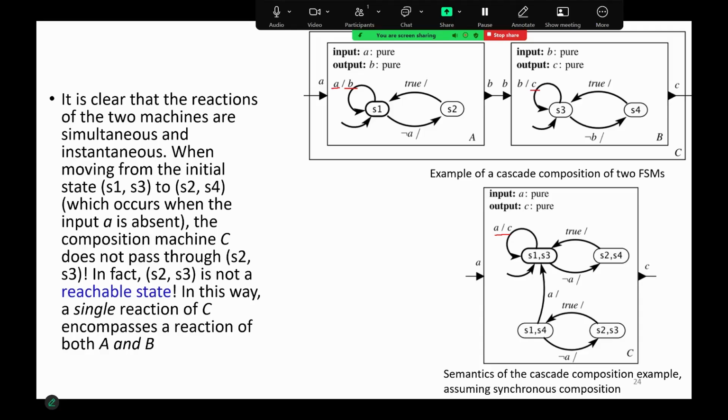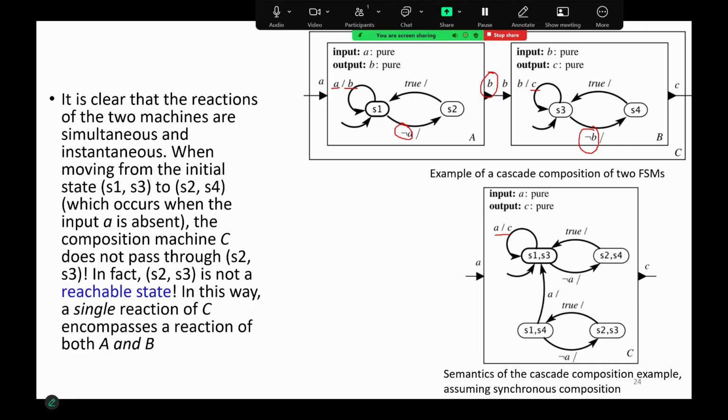Okay, great. And then if it's not A, it means not B also. Do you agree? So it means I will go from S1 to S2 and S3 to S4. Because not A means the B will not be there. And then not B, because the B is not there, I will go to S4.